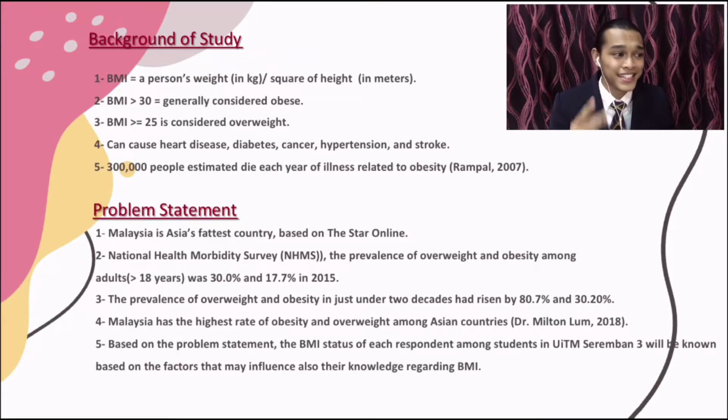The second is the National Health Morbidity Survey: the prevalence of overweight and obesity among adults aged 18 years and above was 30% and 70% in 2015, while the prevalence of overweight and obesity in just under 2 decades has risen by 80.7% and 30.2%.